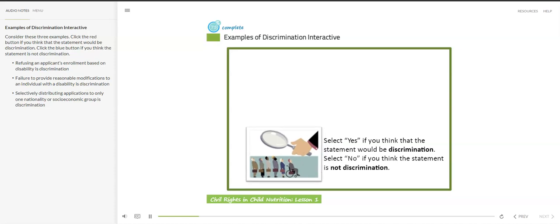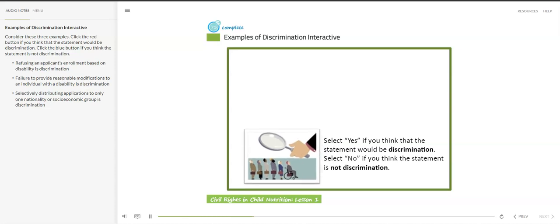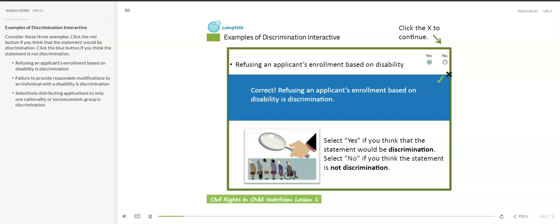Examples of discrimination interactive. Consider these 3 examples. Select yes, if you think that the statement would be discrimination. Select no, if you think the statement is not discrimination. Correct. Refusing an applicant's enrollment based on disability is discrimination.